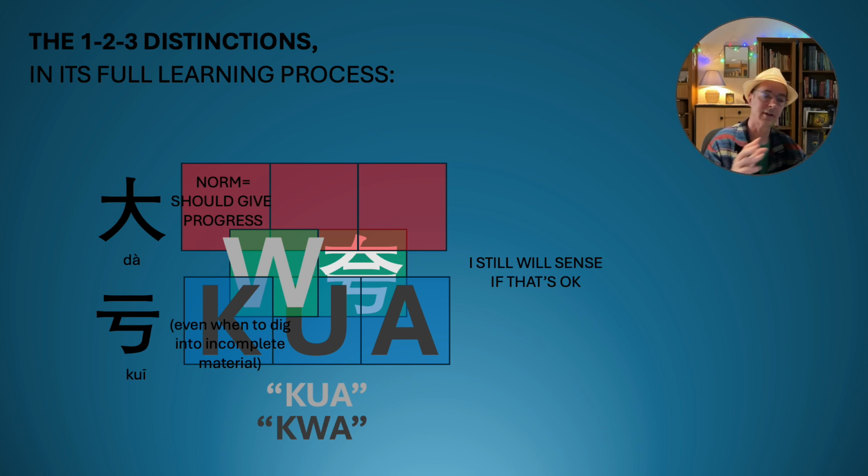The conditions is the top character, which is the norm, that says, okay, the Da is, you should give it progress, you should be able to make it bigger, that it will fit into the system, while QUOI is the incomplete material.